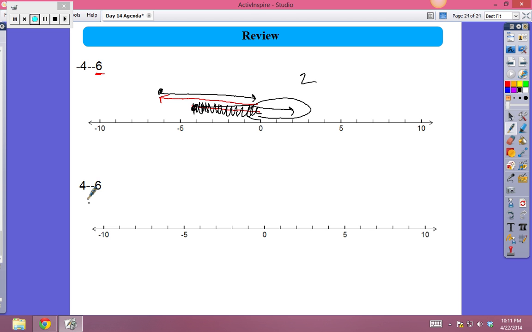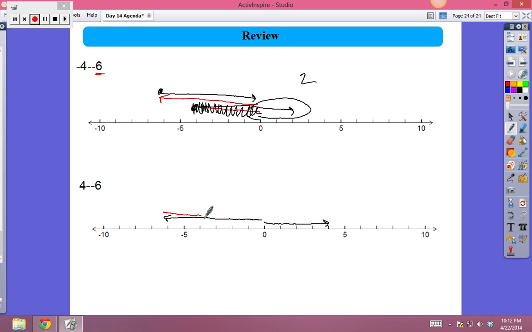Then the last one, I've got a vector of 4. I've got a vector of 6 but in a negative direction, and I need to subtract these vectors. So I'm going to subtract the second from the first.